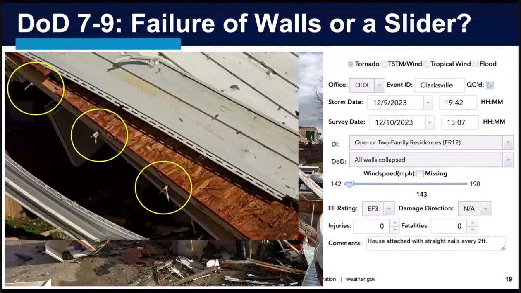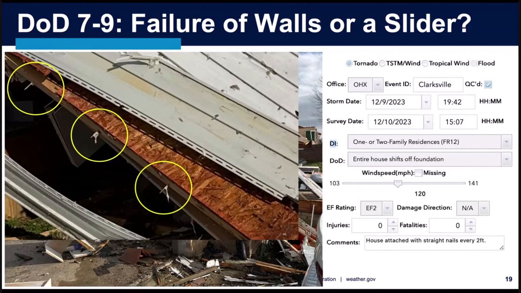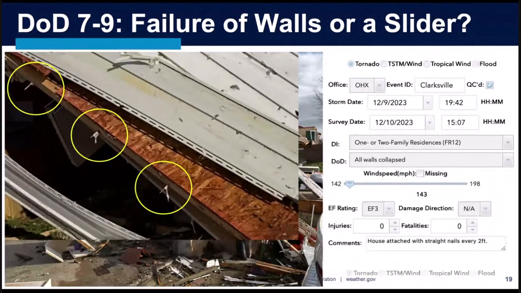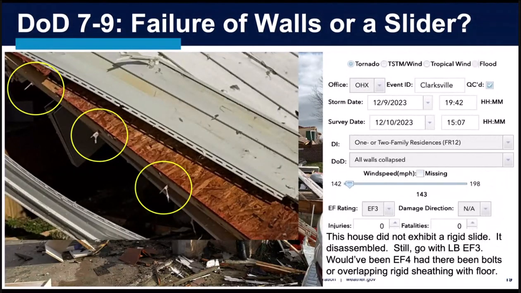So I was going to put this, all walls collapsed. Okay, that's a DOD 9 with lower-end wind speed because of the poor connectivity here. And so 143 miles an hour. So why isn't it this 120-mile-an-hour slider? The reason is that it did not exhibit a rigid slide.